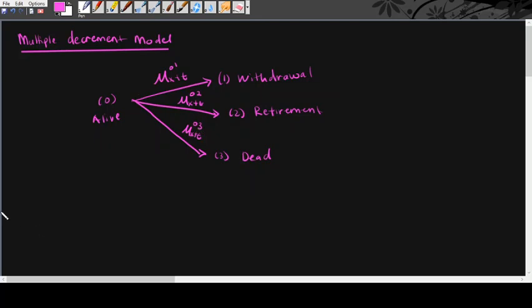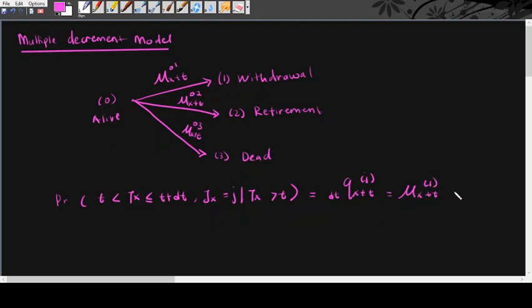In general, we can write probability of future lifetime Tx in between t plus dt for any cause J equals to j, given that future lifetime is greater than t, is equals to dt qx plus t j, which is also equals to mu x plus t j dt.